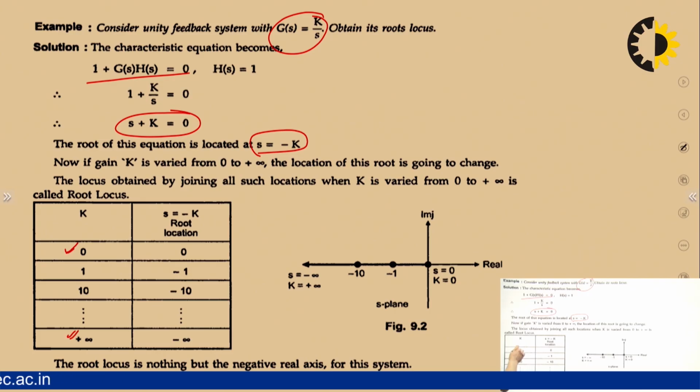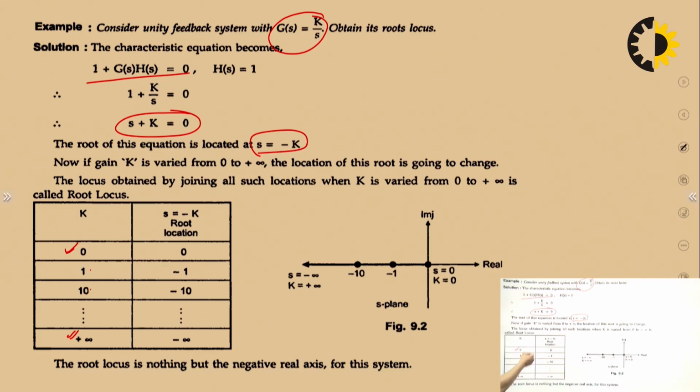We will take the values 0, 1, 10 and so on up to infinity. We can see for k equals 0, s equals 0; for k equals 1, s equals minus 1; for k equals 10, s equals minus 10; and like this, minus infinity. Then we will plot it in the S-plane, real part and imaginary part.